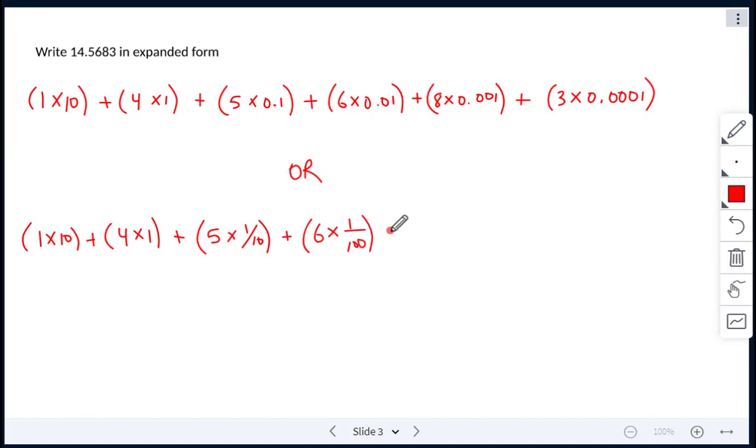That's showing the hundredths position. Then we have 8 times 1 over 1,000. And then we have 3 times 1 over 10,000. All right, so those are the two ways we can write out the number in expanded form.